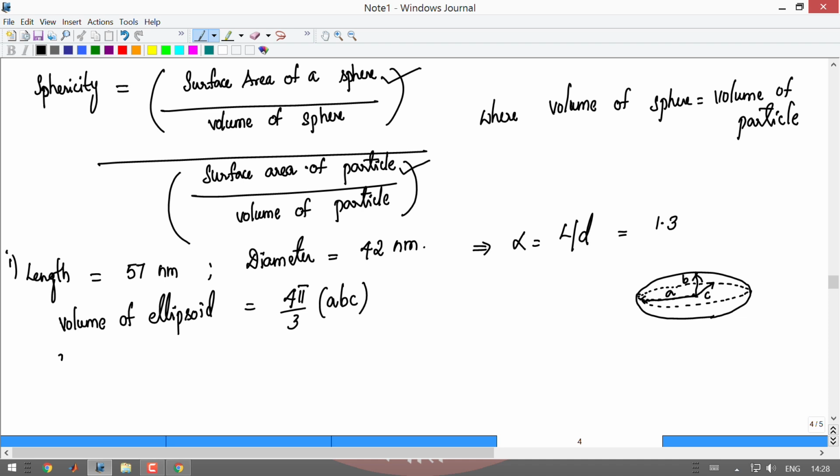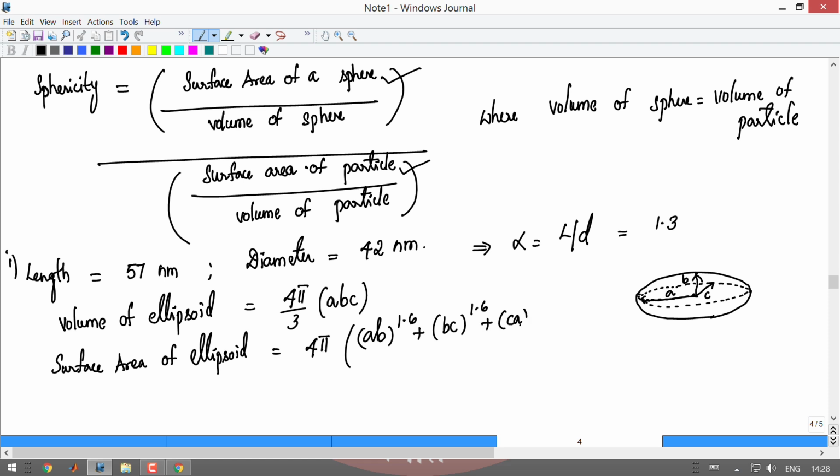Similarly, surface area of ellipsoid equals 4 pi times AB to the power of 1.6 plus BC to the power of 1.6 plus CA to the power of 1.6, divided by 3, whole to the power of 1 divided by 1.6.